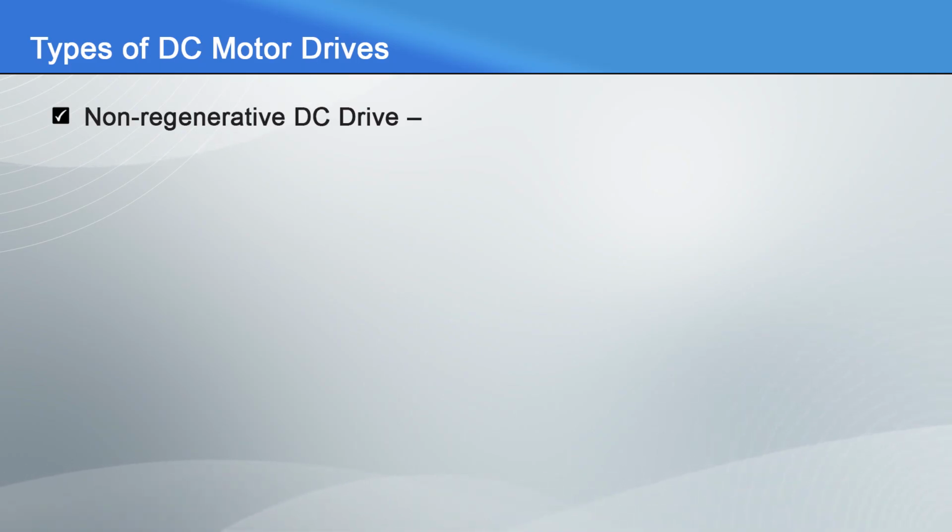First is the non-generative DC drive. In this drive, the motor rotates only in one direction and hence it is also called a single quadrant drive. This drive does not have any inherent braking capability. The motor is stopped by removing the supply. Such a drive is used in places where a high friction load or strong natural brake is required. The other one is the regenerative DC drive.